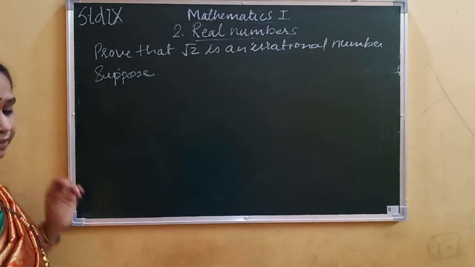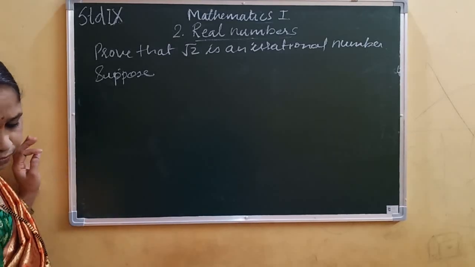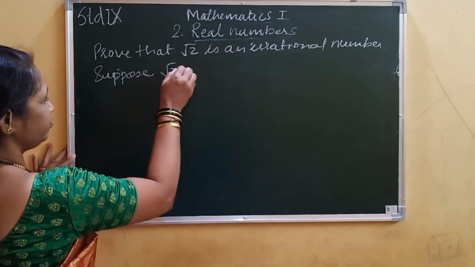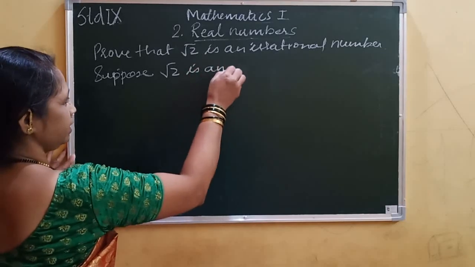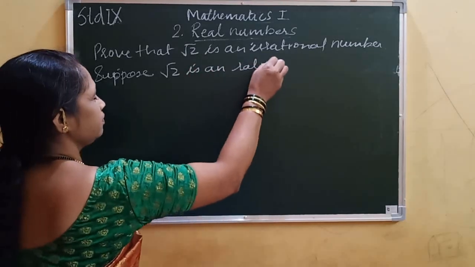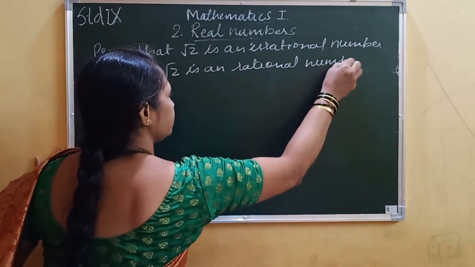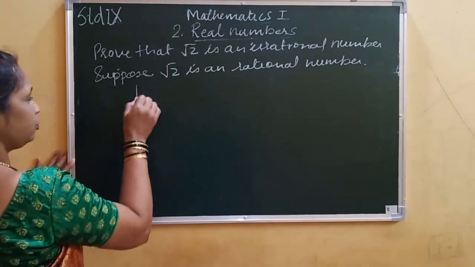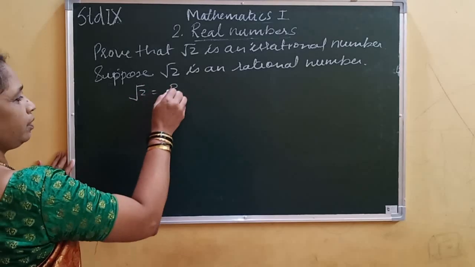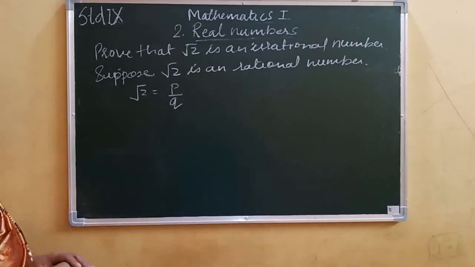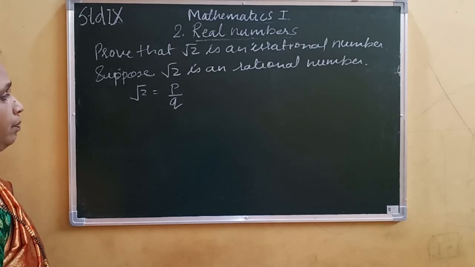Let root 2 be a rational number. Then how can we write it? Root 2 is equal to p upon q. If it is a rational number, we can write it in p upon q form.